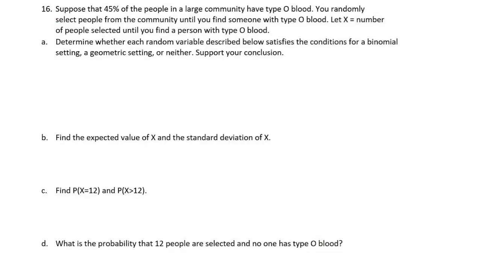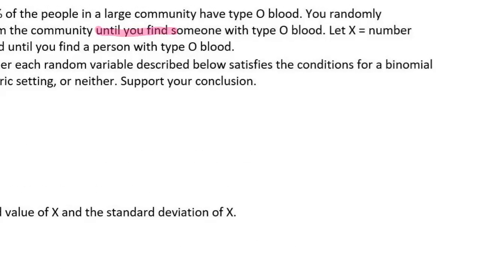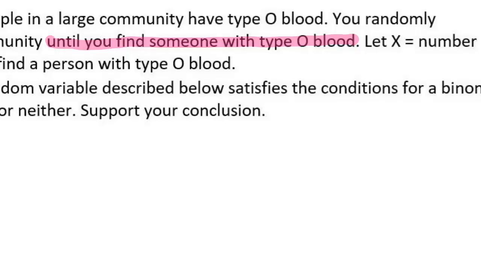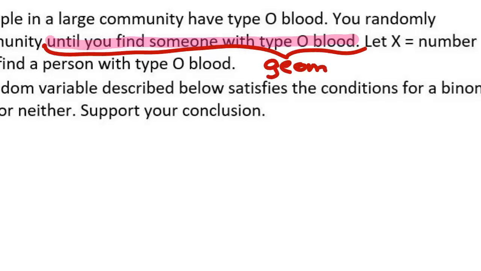Suppose that 45% of the people in a large community have type O blood. You randomly select people from the community until you find someone with type O blood. Until, yes. We're going until success. So this would mean we're talking geometric. Let X equal the number of people selected until you find a person with type O blood.